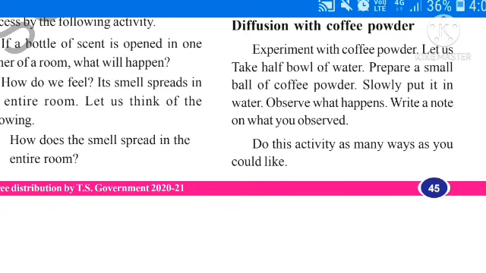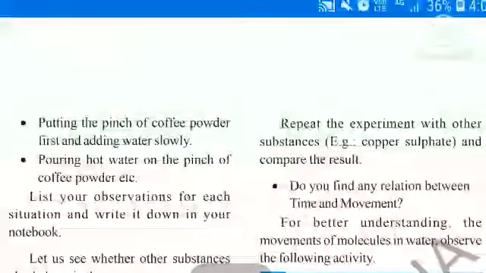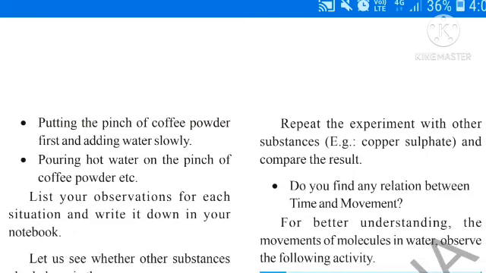As time progresses, all the water in the beaker becomes colored. Initially pale in color, slowly all the water becomes uniformly colored. This means coffee powder molecules diffuse into the water forming uniform color. This is one of the simple examples in our daily life.